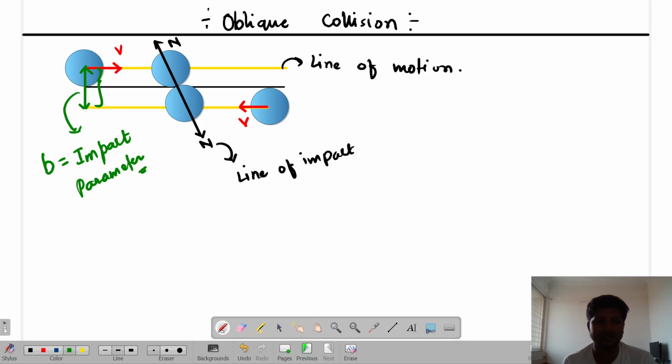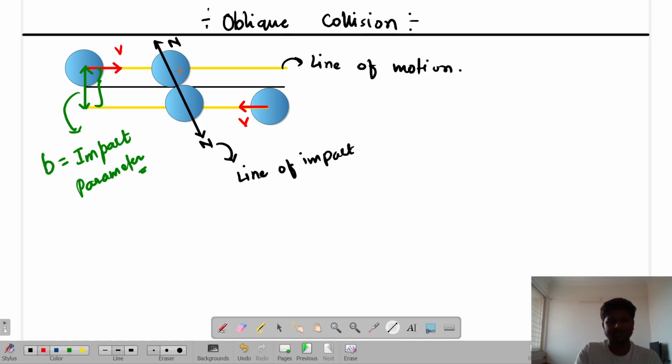If the impact parameter is very small, the oblique collision will be very, very strong. If the impact parameter is very big, then the oblique collision is going to be much less effective. So the impact parameter is one of the biggest things to understand in oblique collisions. Let us take an example of the conditions of their velocities.